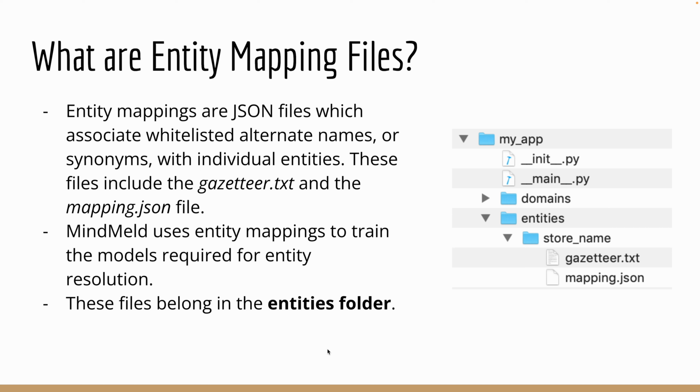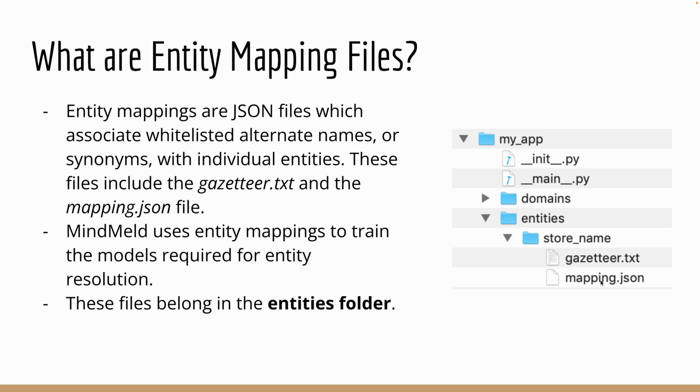Now let's talk about the entity mapping files. So we said that store name is an example of a custom entity. Now in order to make this example, in our app folder, we need to specify the entities folder, which will contain store name. And store name will have two files. For each entity defined in the entities folder would have two files.